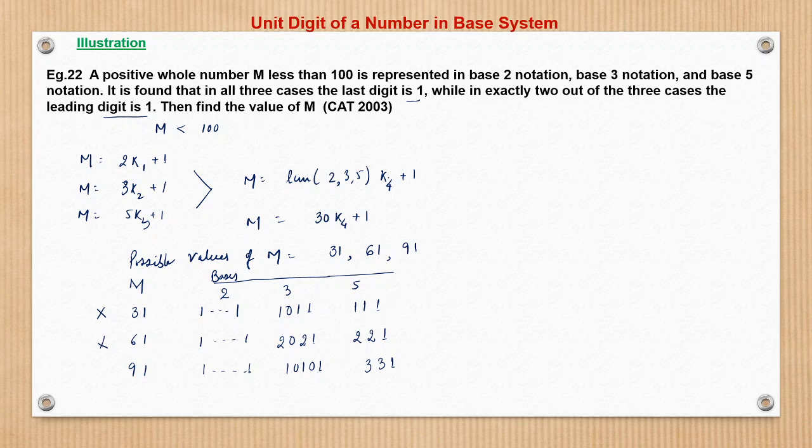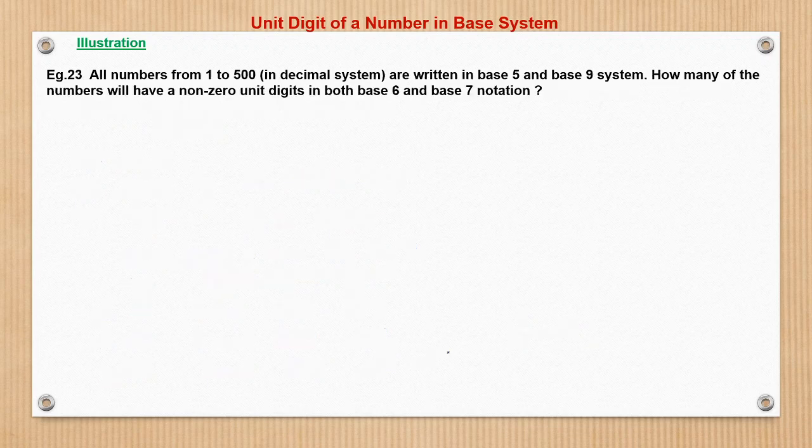So in this case exactly two numbers, conversion to base 2 and base 3, start and end with 1. So this is the correct answer. So the answer here would be 91, right? So this is the approach here.